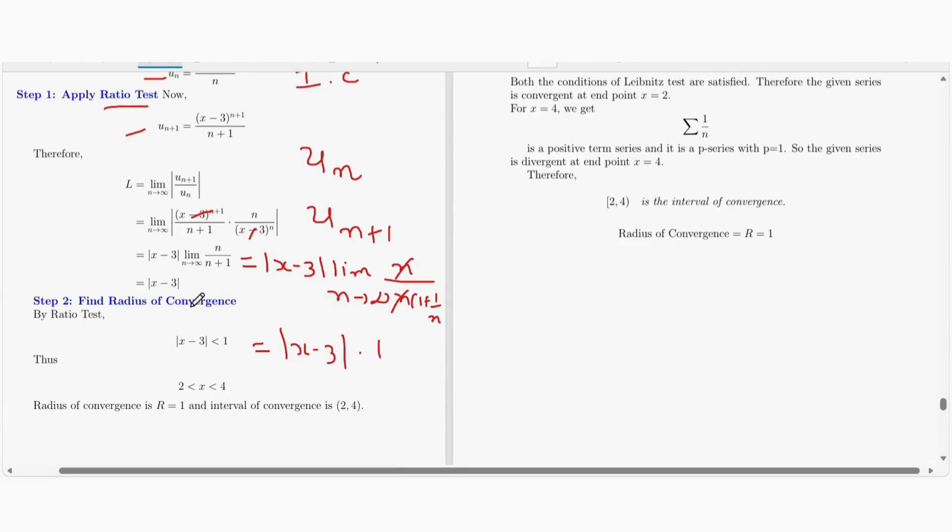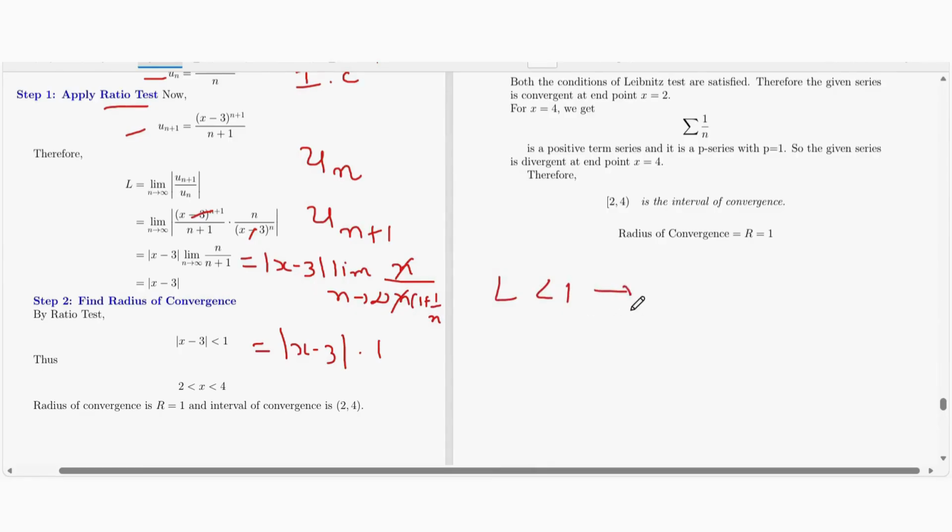Mod x minus 3. Now for the ratio test, what is the condition? We say the series is convergent if L is less than 1.